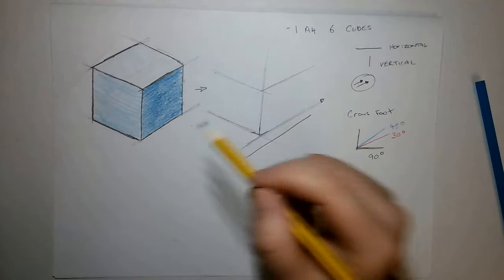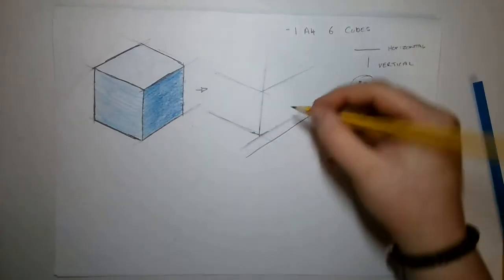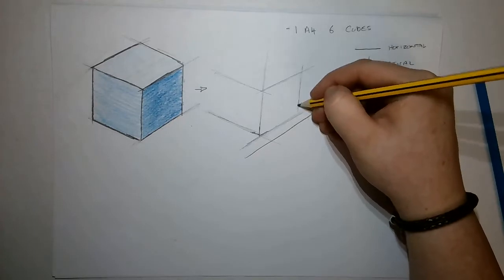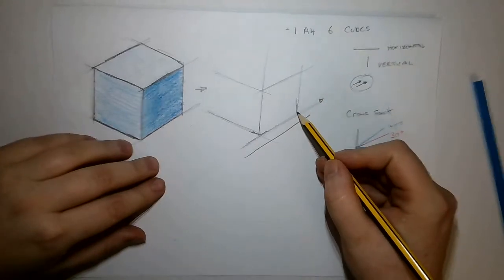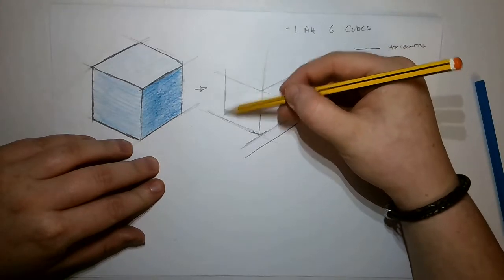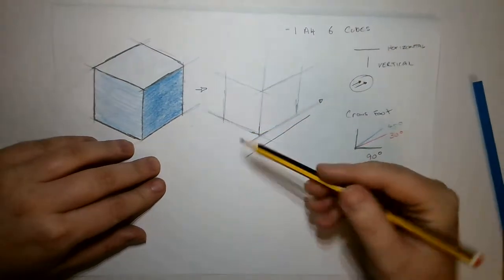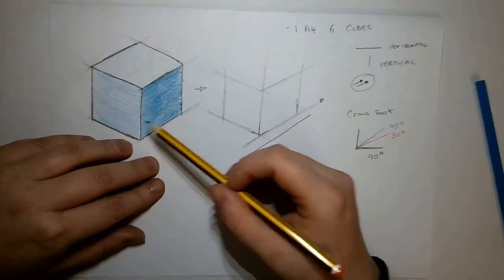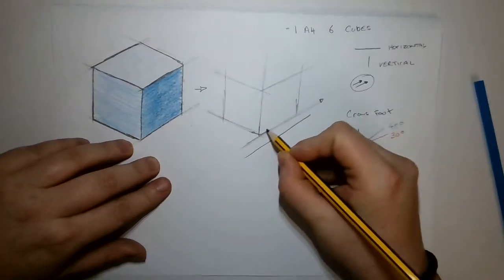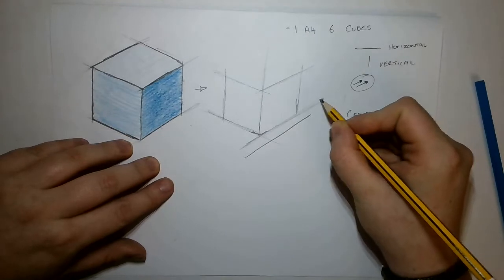So the first thing we're going to do is we're going to decide how wide our cube is going to be. And I'm just going to put a vertical line back here somewhere. And I'm going to go back roughly the same distance on this side and put a vertical line in there. So that's the two ends of my cube. Now, as I said, if a line is going this way, all lines going that way must be parallel.